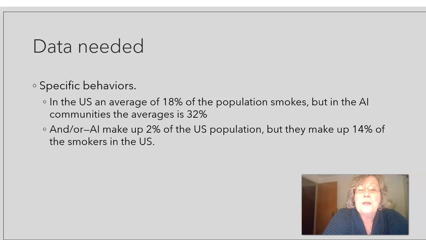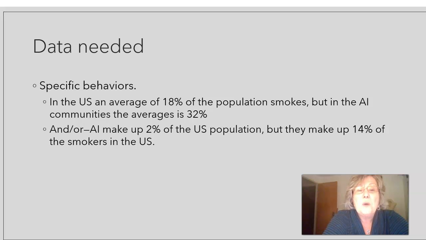So here is another one talking about a specific behavior. You could say in the US, an average of 18% of the population smokes, but in the American Indian communities, the average is 32% of the population smokes. Or you could say American Indians make up 2% of the US population, but they make up 14% of the smokers.